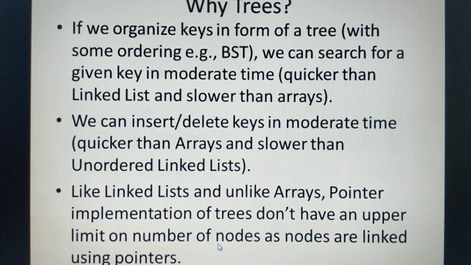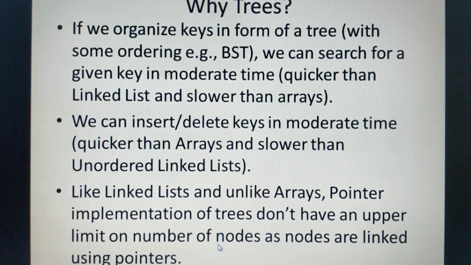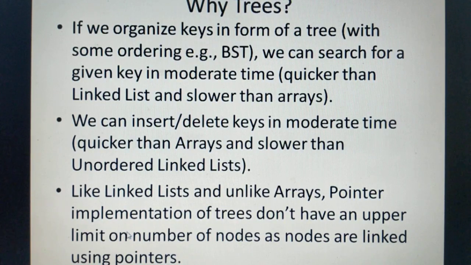It can be 1, 2, 3, 4, 5, 6, 7, 8, so it goes on like the linked list, right? It depends upon the requirement. So there is no upper limit on the number of nodes, just like in the case of your linked list. This also applies to trees.